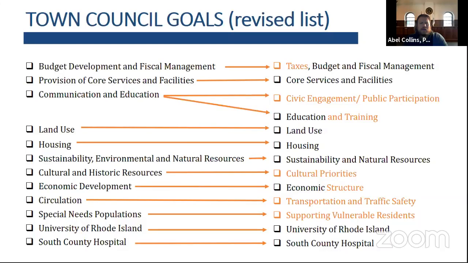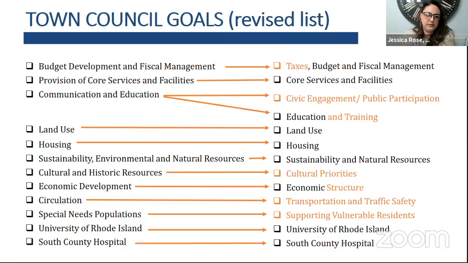I'm feeling like cultural priorities is tangible, like buildings and landmarks. You see it differently, maybe. It could be expanded. You get to define these terms as you'd like. Perhaps diversity and cultural priorities as a category.